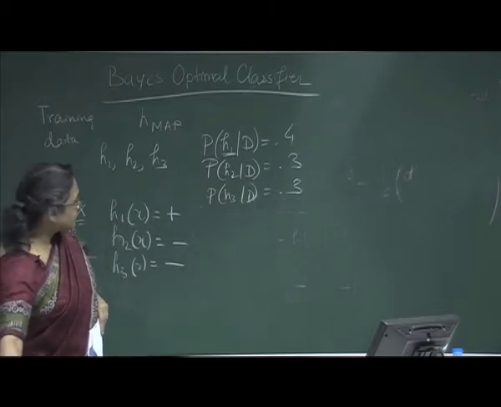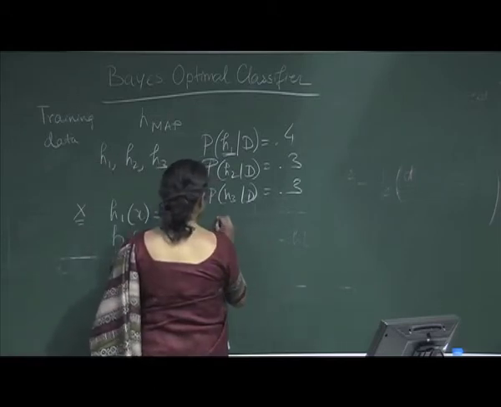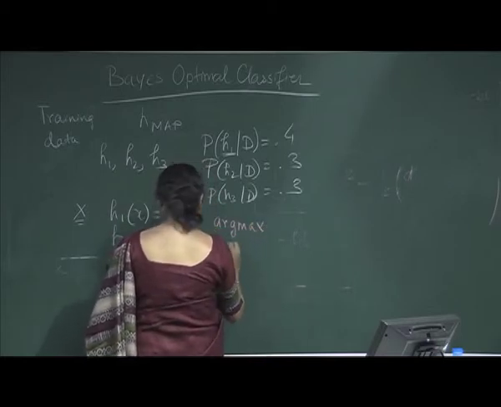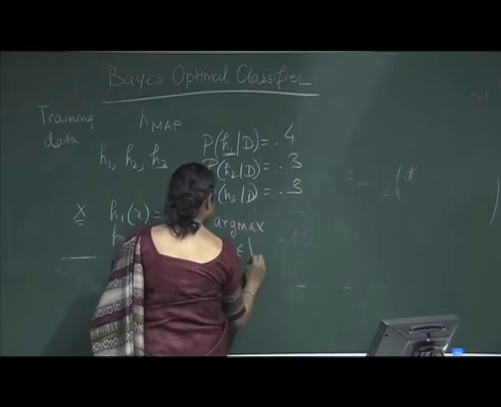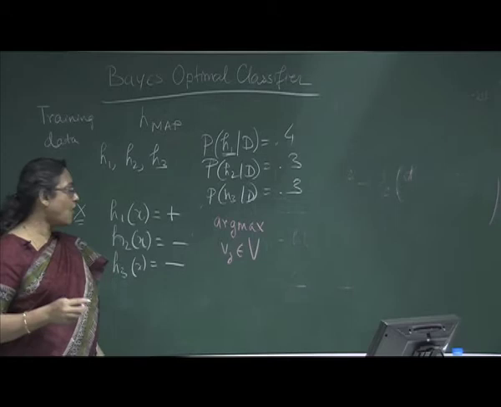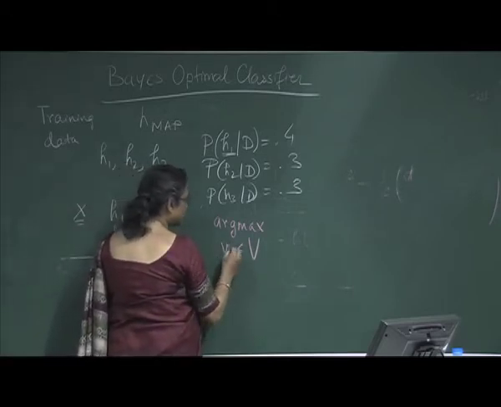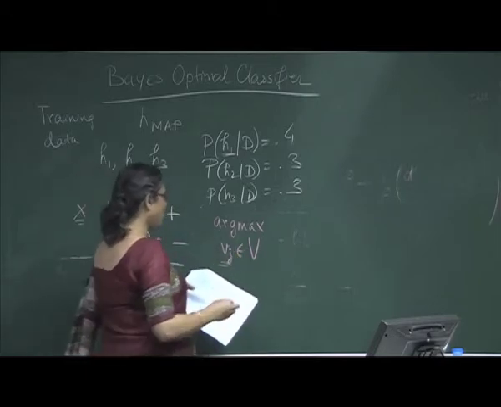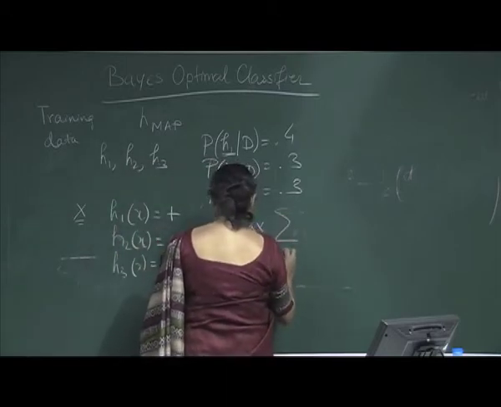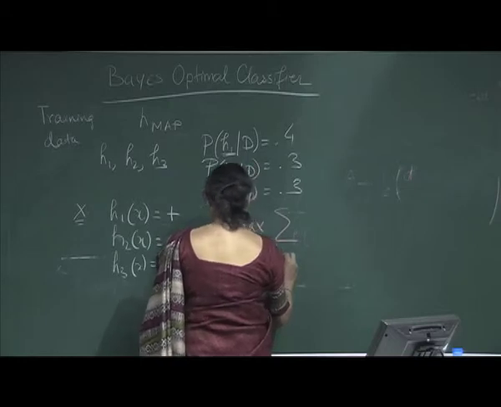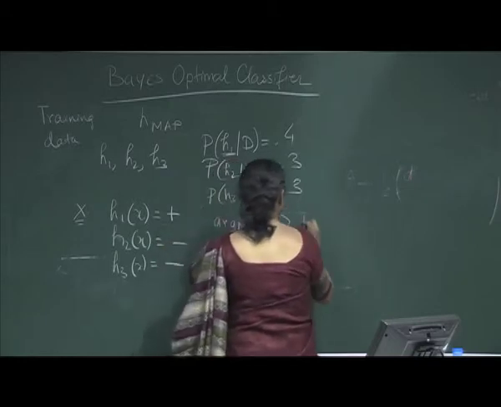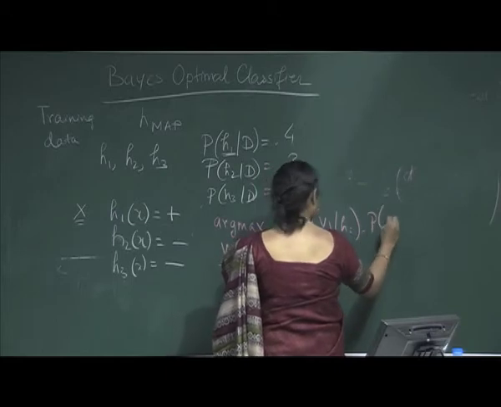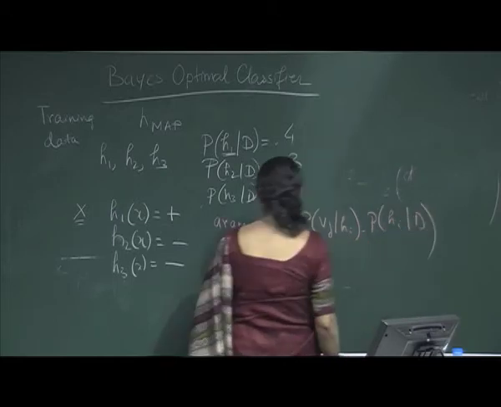So what we have is what we call the Bayes optimal classification. In Bayes optimal classification, for a particular example, capital V is the set of all possible classes. Your algorithm will output that class Vj in V for which the summation over all the hypotheses Hi in the hypothesis space of probability of Vj given Hi times probability of Hi given D is maximum.